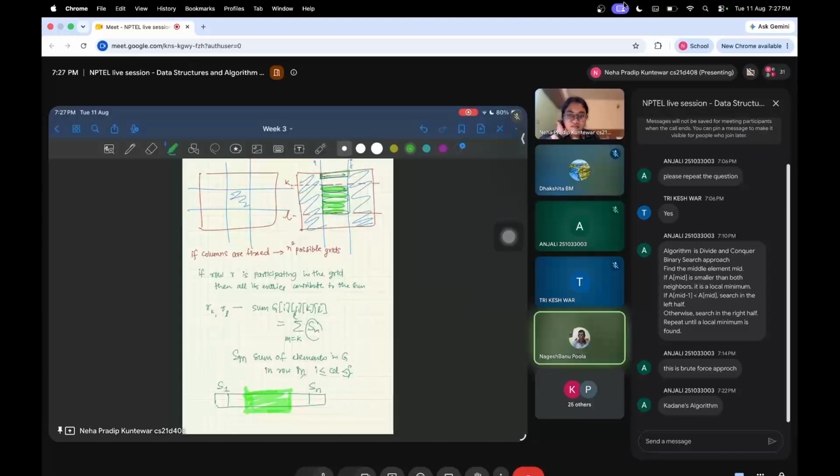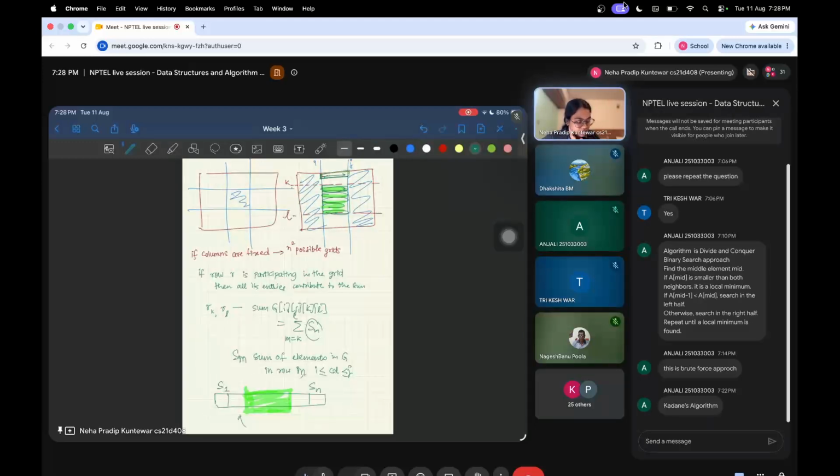Yes, ma'am. Okay. So what is the time complexity of finding the selectors k and l that will maximize your sum? Order of n square. No. So you use the same algorithm, right?